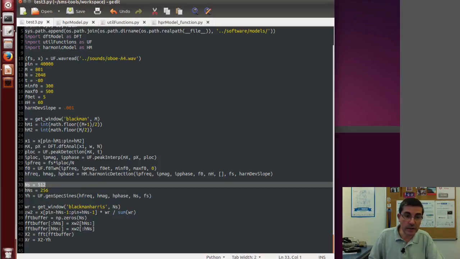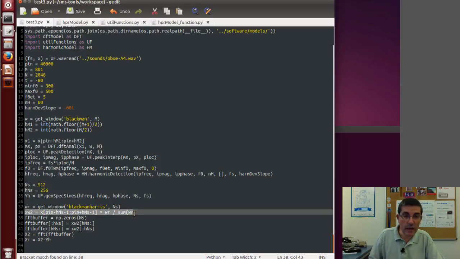So here we choose another original signal with these 512 samples and multiply it by the normalized Blackman-Harris window, so that it becomes easier to do the subtraction.